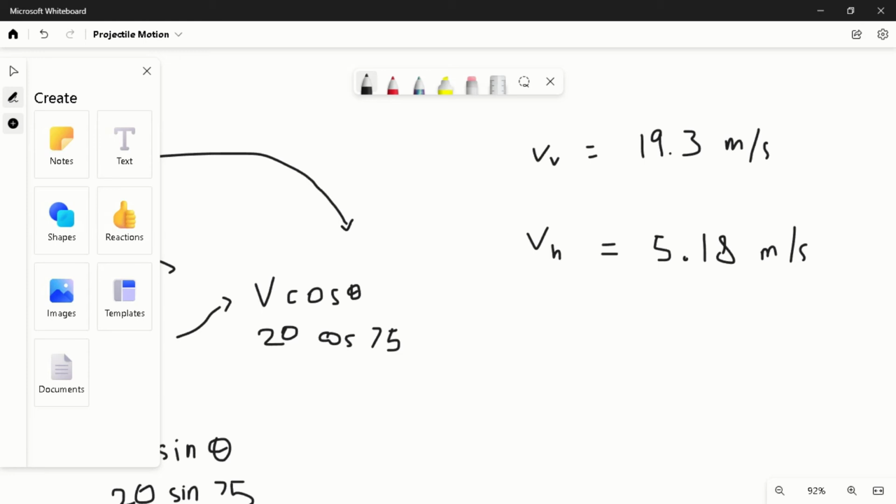Now that we can figure out how fast a projectile is moving in a given direction using just basic trig, we need to know where this projectile is at any given point in time. For the horizontal direction, we're looking at a pretty simple case.